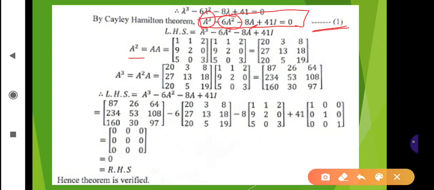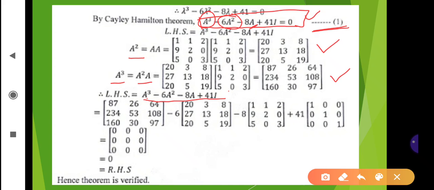After calculating, A square, that is A into A, multiplication of two matrices, you will get A square here. Then A cube is nothing but A square into A. Just multiply the matrix A square and matrix A, so you will get the matrix A cube. Now let us consider the LHS of equation number 1, that is A cube minus 6A square minus 8A plus 41I.